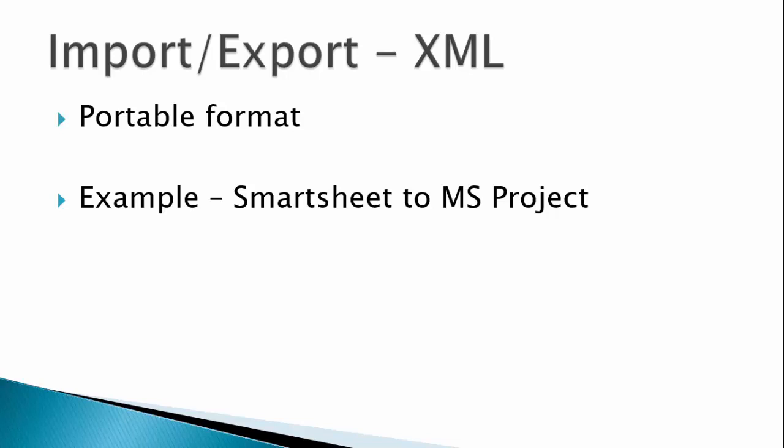When we use MS Project to open that XML file and view and edit the plan, we can use the Backstage view to create an XML file of our altered plan, which Smartsheet can read. Data exchange between scheduling programs is very easy when the XML format is supported.